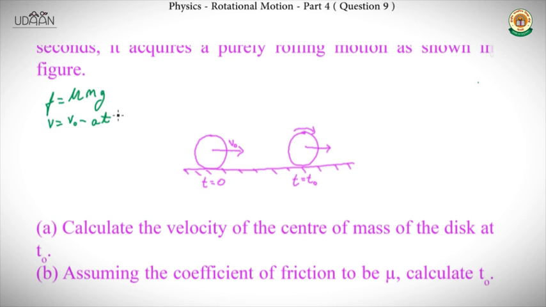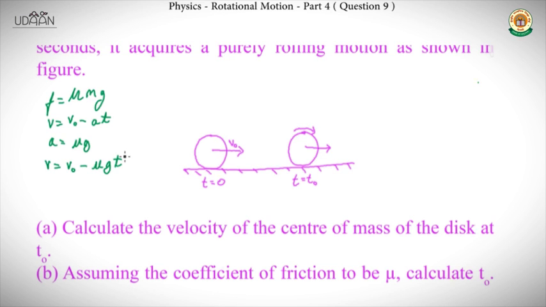Now, to find the acceleration of the body, we simply divide the frictional force by the mass m, since that is the only force acting in the horizontal plane. So the acceleration a will be equal to mu g, which gives us the velocity v at time t as v0 minus mu g t.